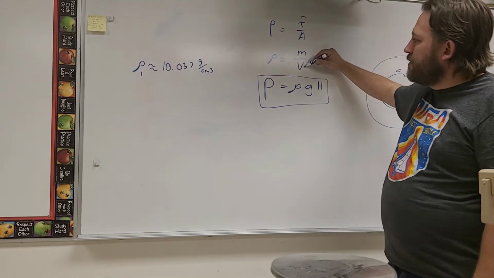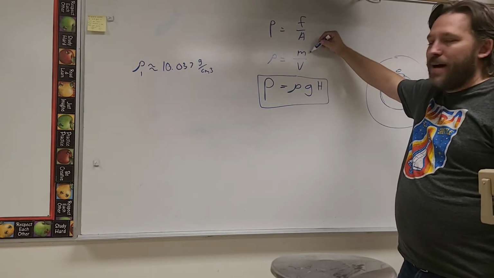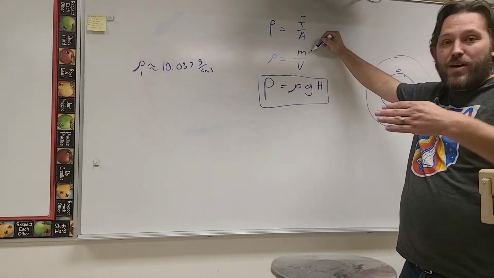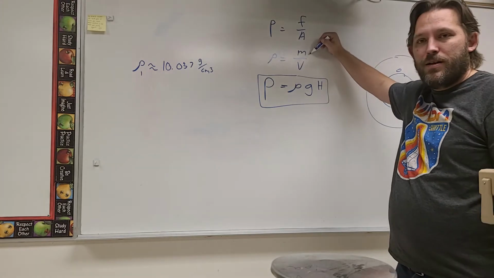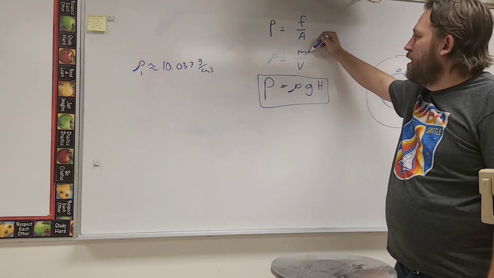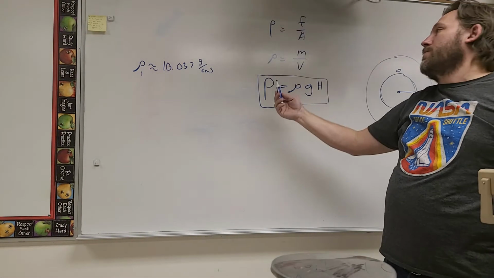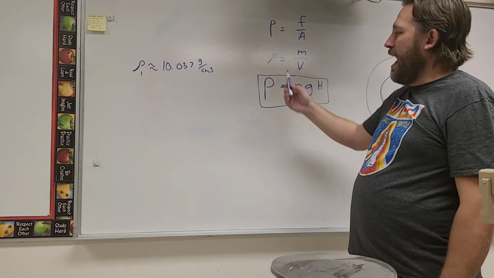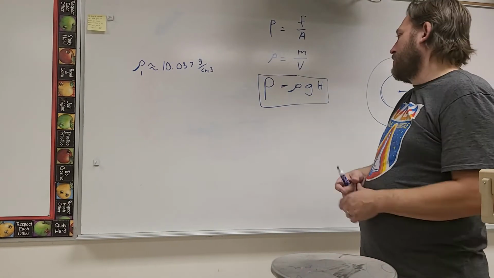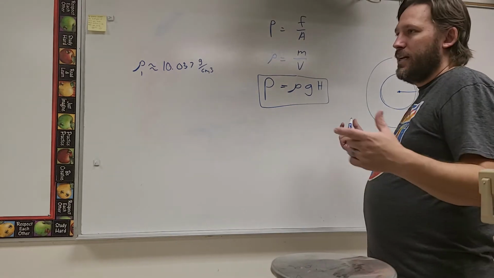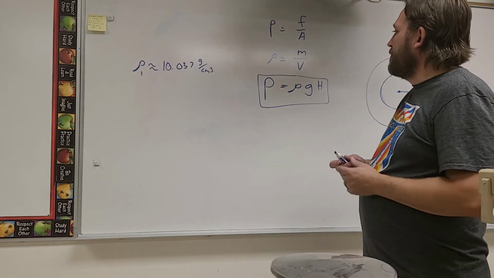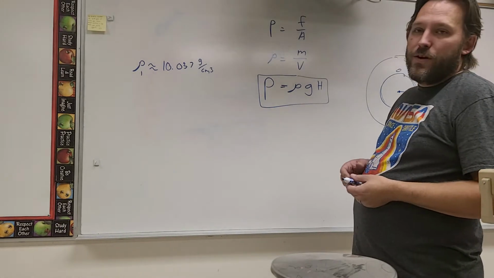Well, no, because as you increase volume, mass is going to increase at the same ratio, not the exact amount, but the same ratio. And so rho is going to be a constant for any material made out of the same substance. So you could have a small object or something as large as the surface of the Earth, like we were saying, and you're going to find that the pressure is the same everywhere.